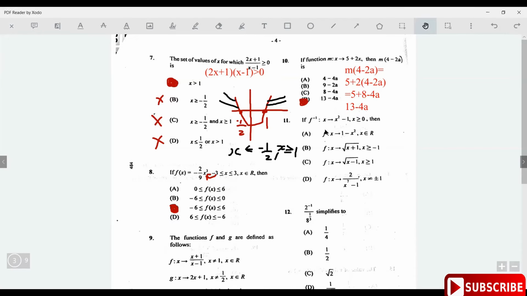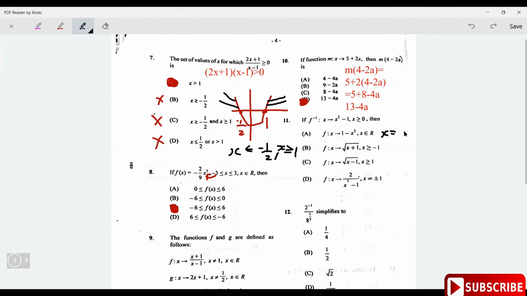Question 11 says f inverse is such that it is x squared minus 1. Find f of x. Now to find f of x, all you have to really do is write x is equal to, replace x with y. Now you write y squared minus 1.